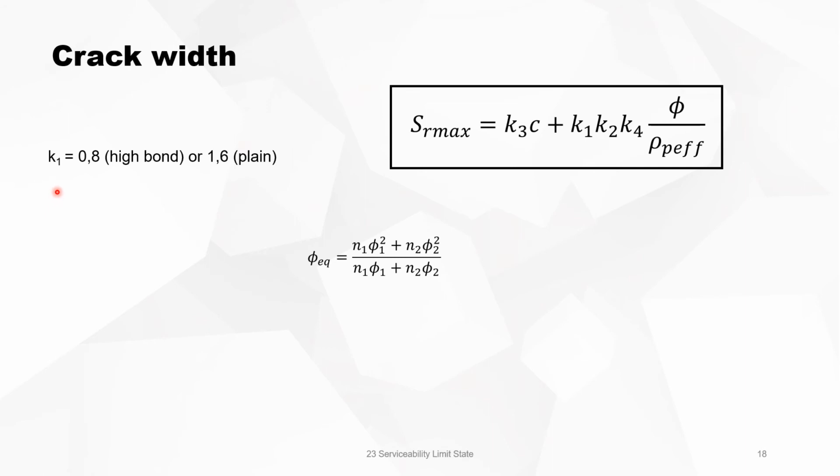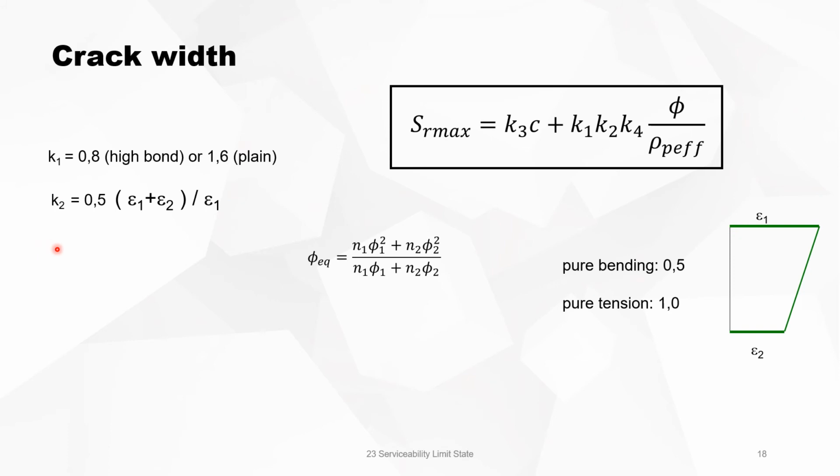K1 for high bond is 0.8, for plain bars is 1.6. K2 is given by this formula, where epsilon 1 is the biggest strain in tension. For instance, for pure bending it's 0.5, and for pure tension it is 1.